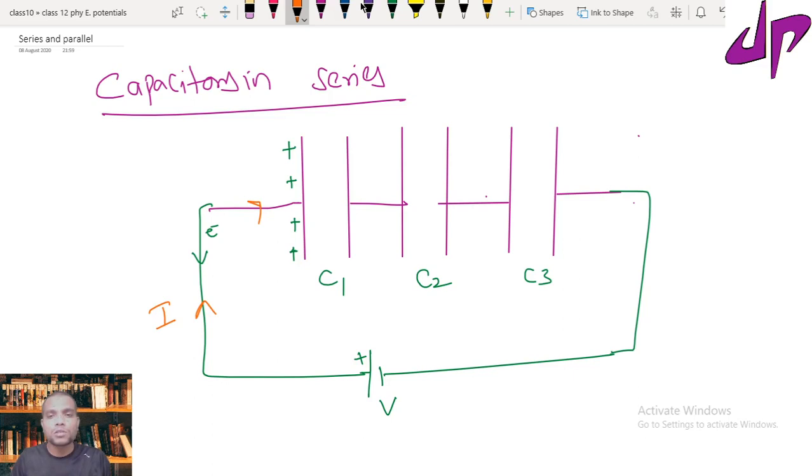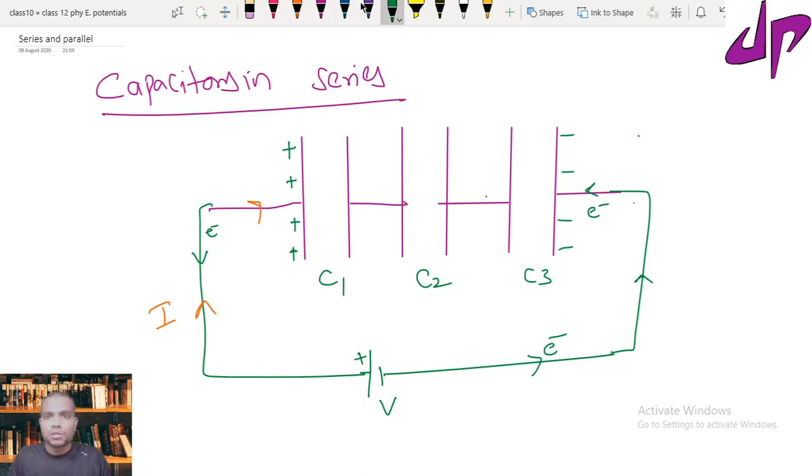So the electrons flow like this. The green arrow which I am representing in the circuit shows the direction of the electrons. Now these electrons will reach this plate, and this plate will accumulate negative charge. So the charge flows from the first plate to another plate.